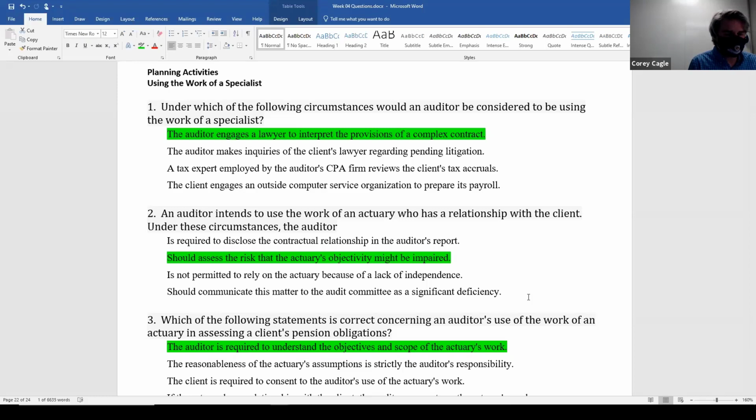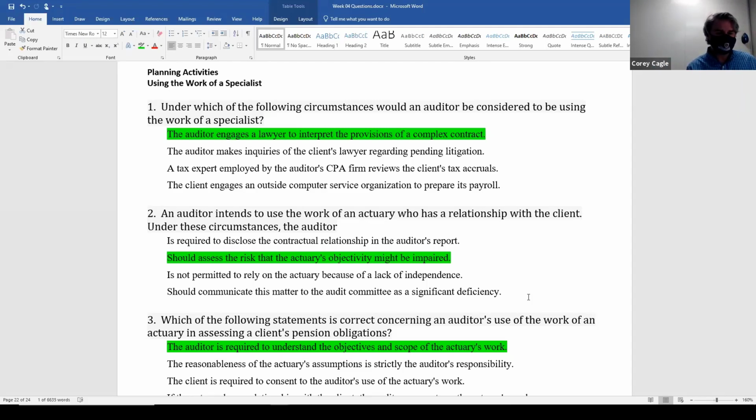Number 2 says an auditor intends to use the work of an actuary who has a relationship with the client. So, in other words, your specialist is not independent of your client. I don't think our book really addressed that until these questions, which is fine. The questions are part of our study tools too. Under these circumstances, what?